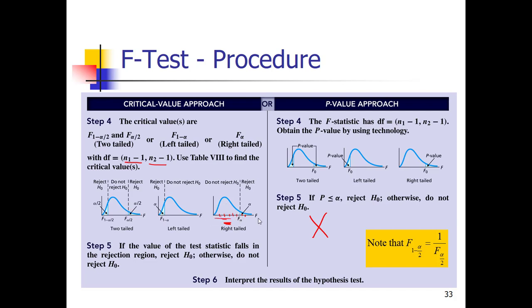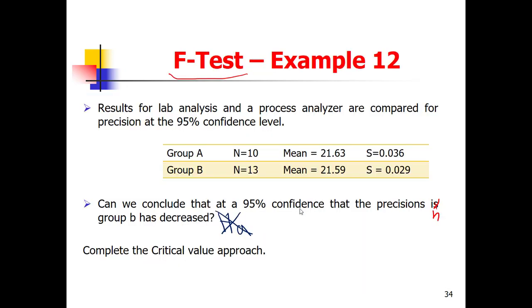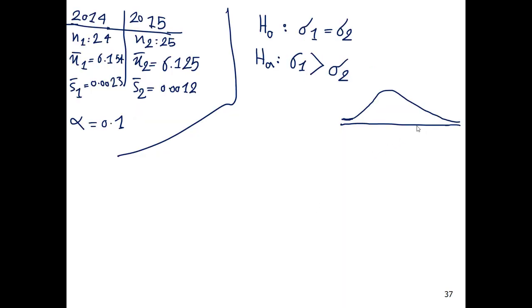It's right skewed. So like the previous example, I have to find this F from the table and compare it with the F that I calculate.